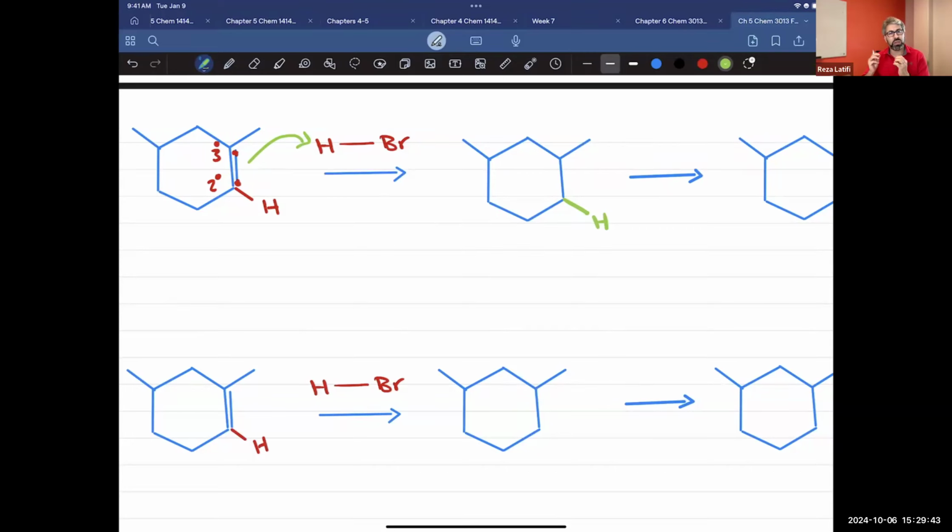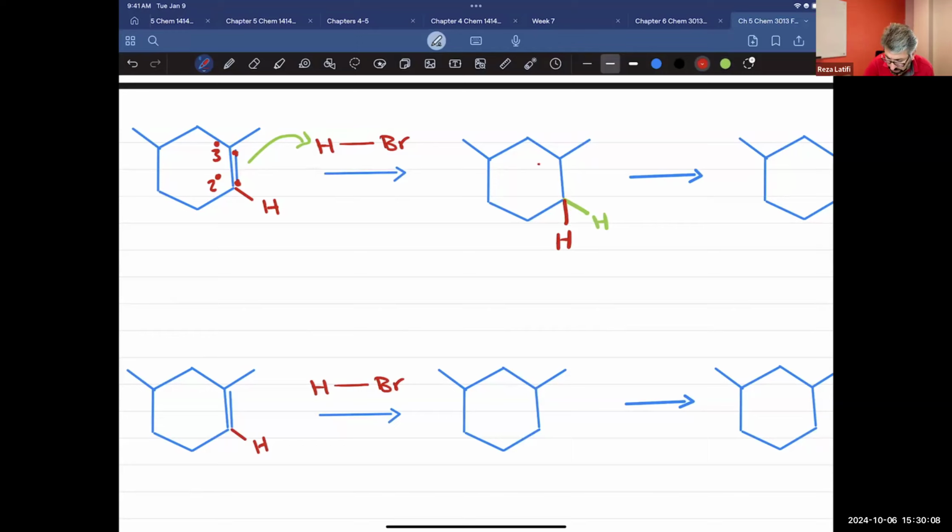Listen carefully. The H+ will be added to a carbon that has more hydrogens attached to it. What does it mean? It means the order for it is less. You will add it to a carbon that has less order. Tertiary versus secondary, we're going to add it to the secondary. So here you go. This is the hydrogen that we added.